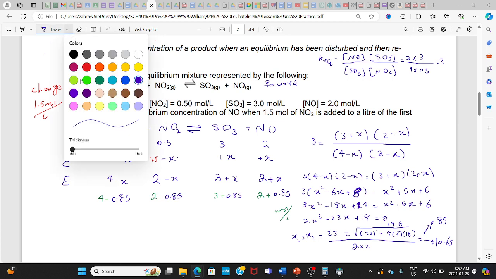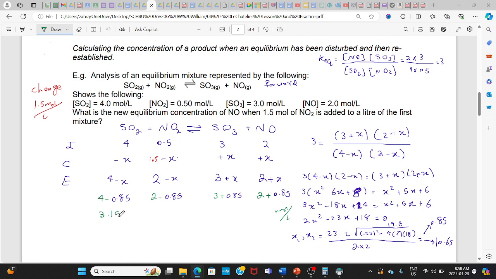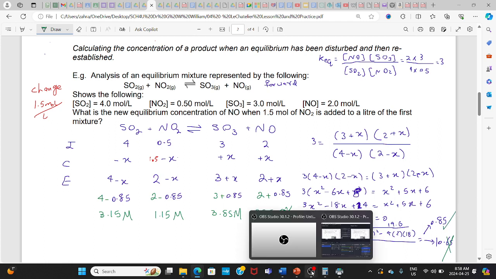I'm going to change my color for 1.15, 3.85, 2.85. So this is mole per liter, or I'll just put the molarity here. Okay, so 10.65 is not acceptable and you accept the 0.85. I'm going to just stop my recording right now.